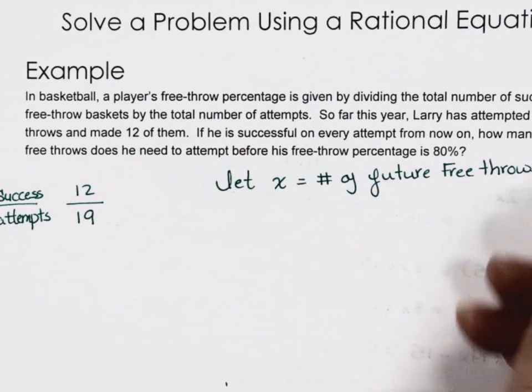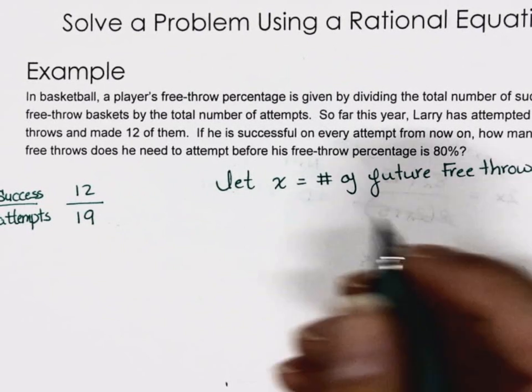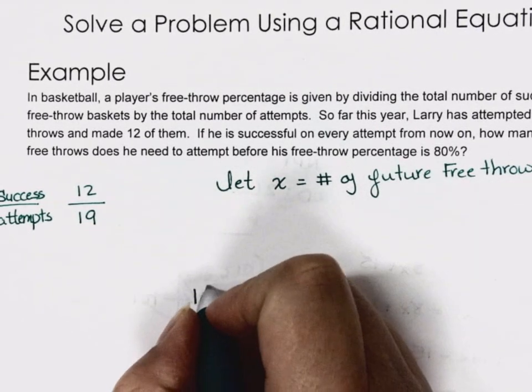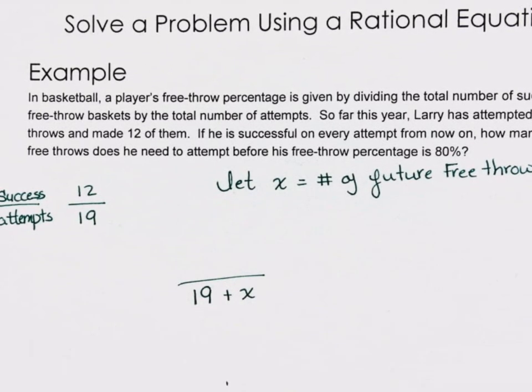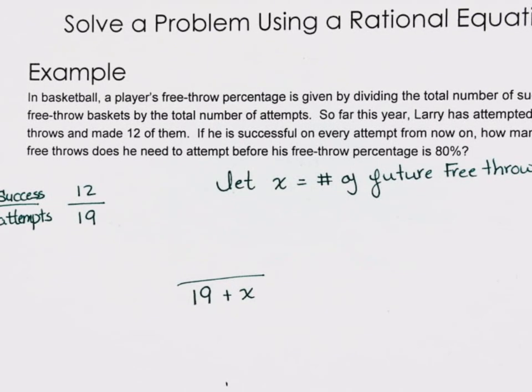So future free throws, we know that our denominator is going to be 19 plus x, right? We're going to take however many he does in the future, 19 plus, if he does another 20, we'd add it on to the 19 for attempts.